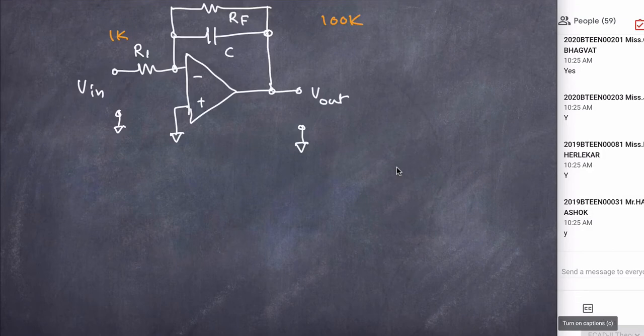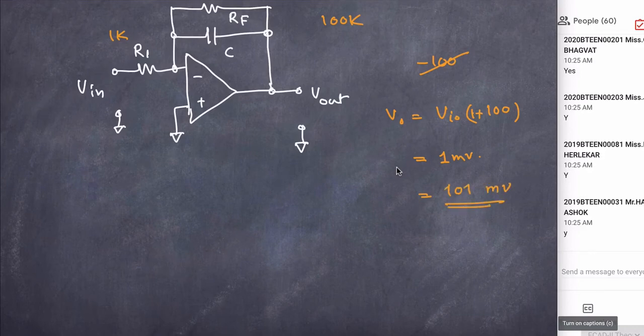So at DC the capacitive reactance is infinity, therefore the gain will be minus 100, and therefore the VO will be VIO into 1 plus 100. Suppose VIO is 1 millivolt, it is 101 millivolt. So instead of saturation, it is going to 100 millivolts, which can be acceptable.